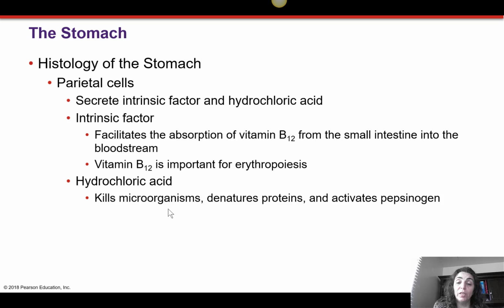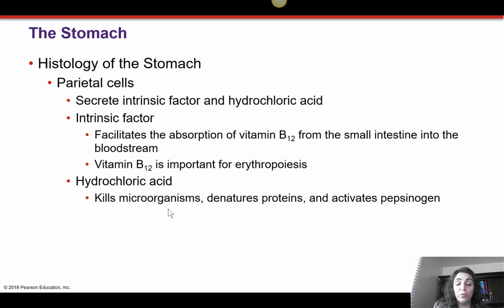In the next slide you will see where it is produced, but it needs the hydrochloric acid to be converted to the active form of itself, that is called pepsin. So these are the two factors that are produced by the parietal cells and their function.